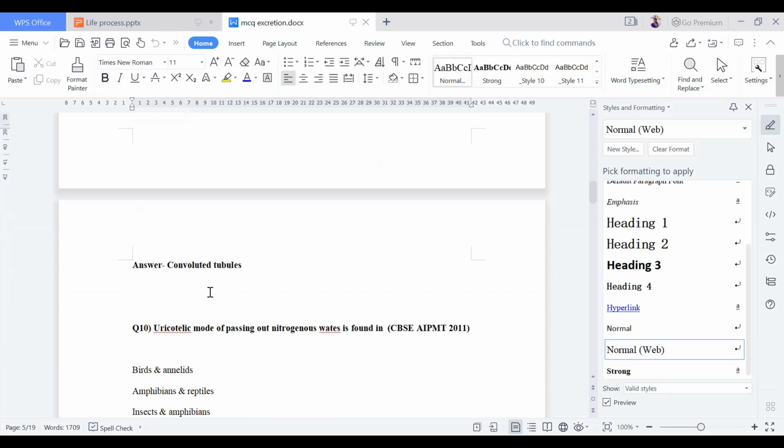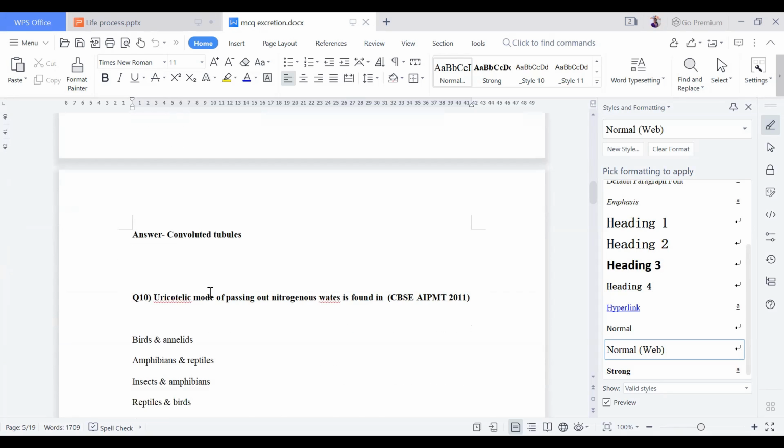10th question. Uricotelic mode of passing out nitrogenous waste is found in uric acid, birds and annelids, amphibians and reptiles, insects and amphibians, reptiles and birds.